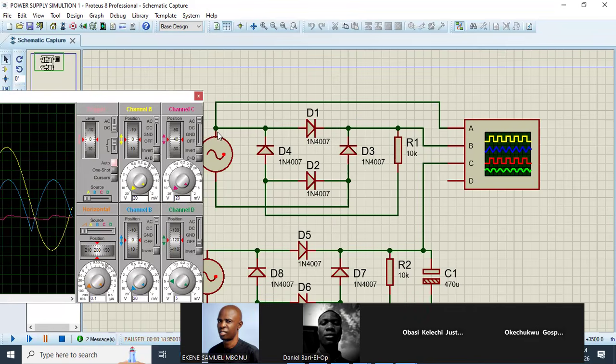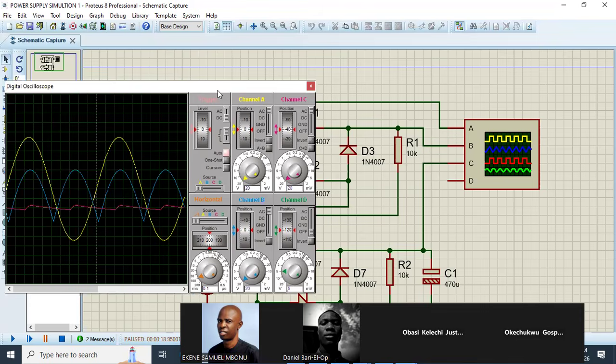I want to be sure you understand what I just said. If the frequency of the source is 50, what should be the frequency at the output of the rectifier? The frequency should be 0.